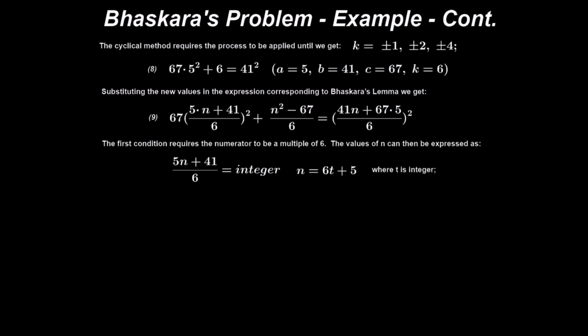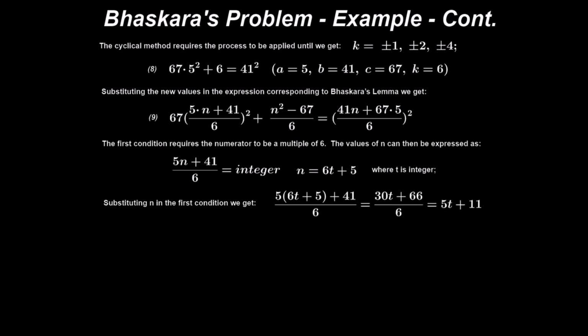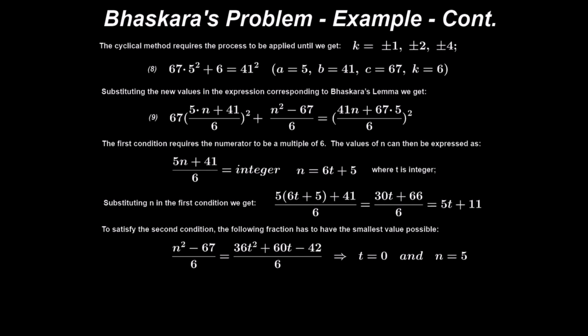Again, the value of n can be determined by looking for the solutions in integers, which satisfy the following two conditions. 1. 5 multiplied by n plus 41 divided by 6 is an integer, and 2. N square minus 67 divided by 6 has the smallest value possible.